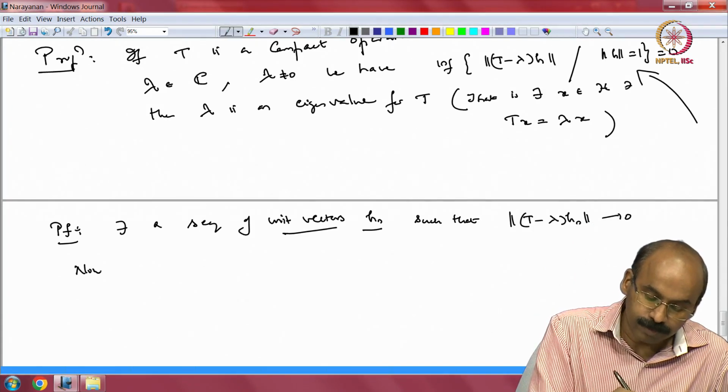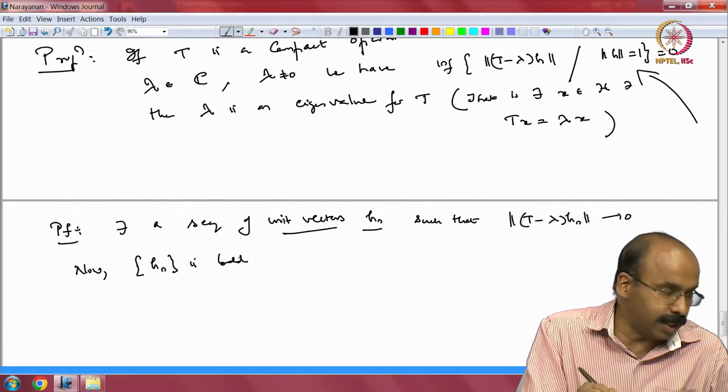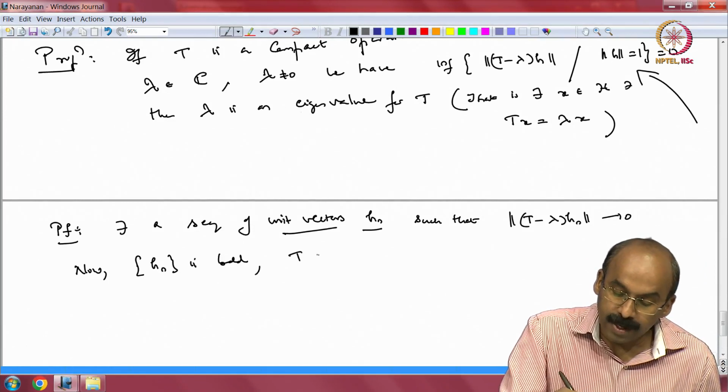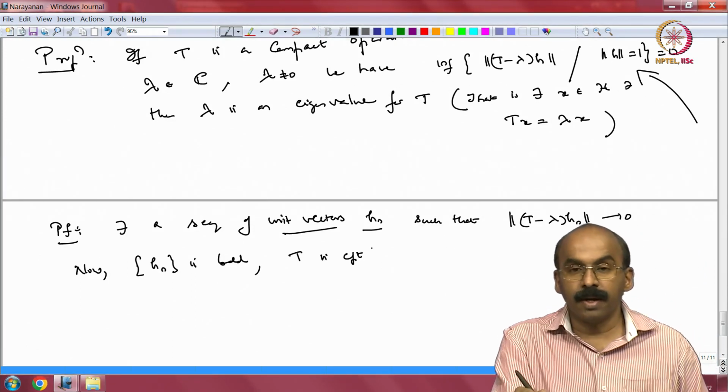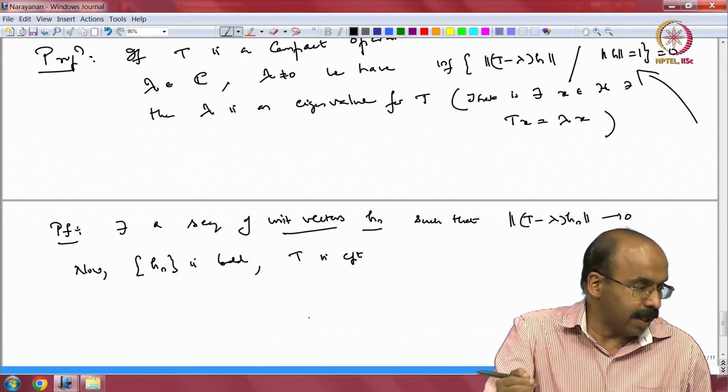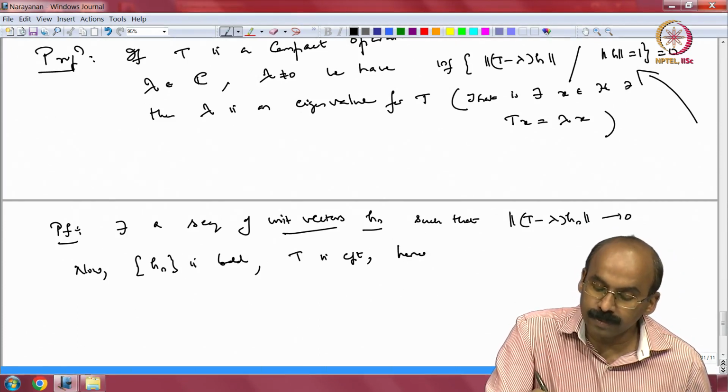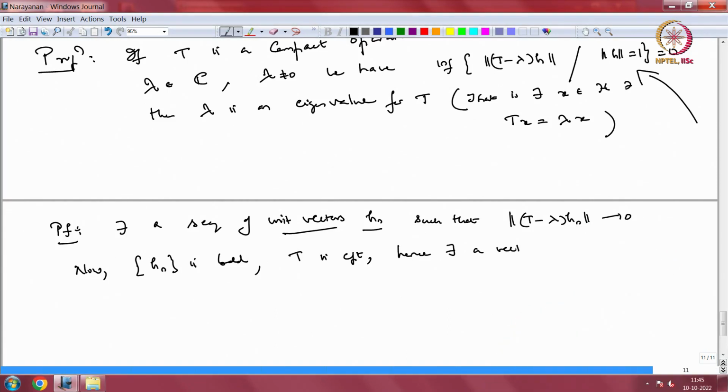So, now Hn is bounded, T is compact, we know that, and hence there exists a vector x in my Hilbert space and a subsequence T Hn k, such that T Hn k minus x goes to 0.